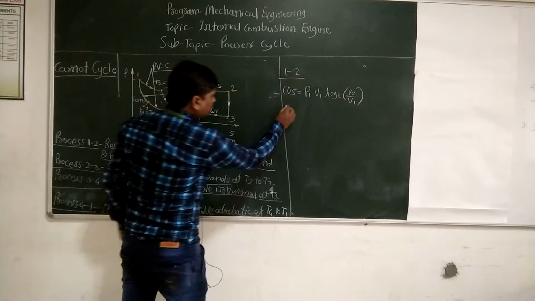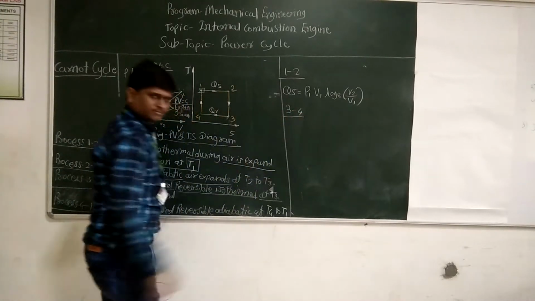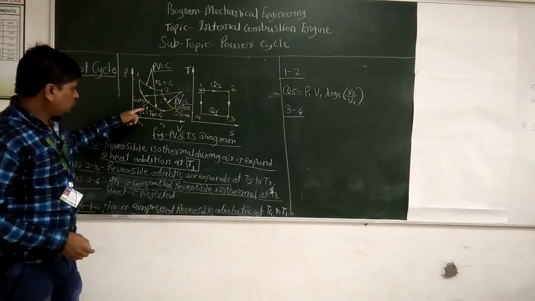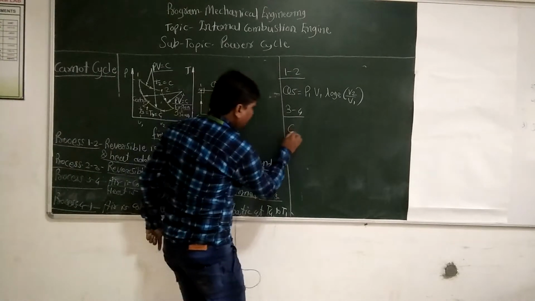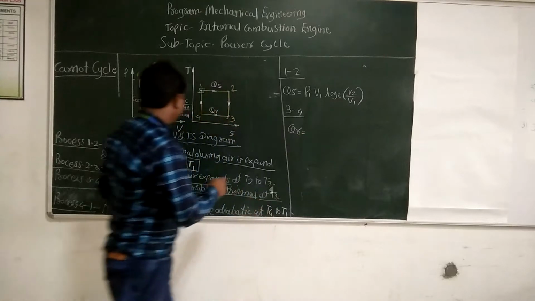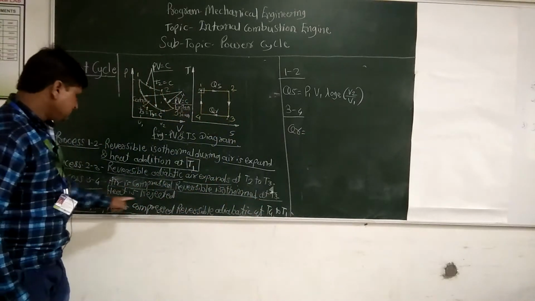Now process 3 to 4, where heat is rejected.